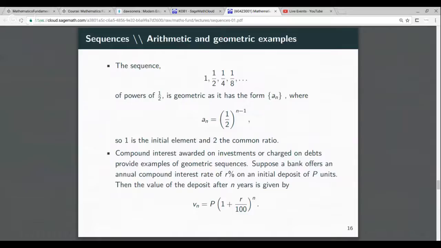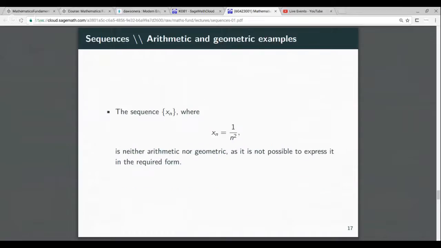Very often in mathematics, when you introduce new concepts and look at examples, it's also good to look at negative examples. So for instance, the sequence of elements where xn is 1 over n squared: 1 over 1, 1 over 4, 1 over 9, 1 over 16, and so on.